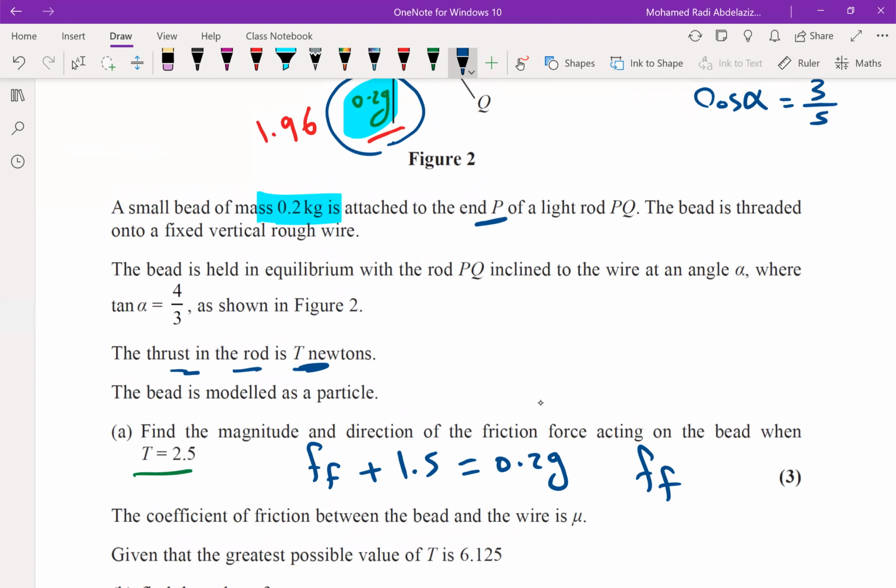So you can now find the value of the frictional force, which is 0.2 times 9.8 minus 1.5. So the answer will be 0.46 Newton. This is part A.